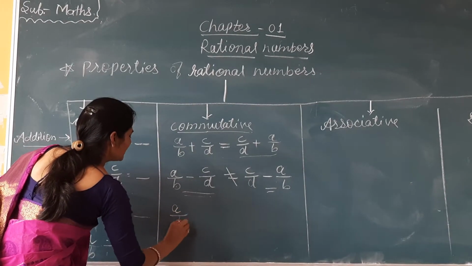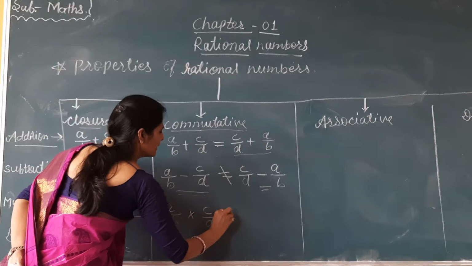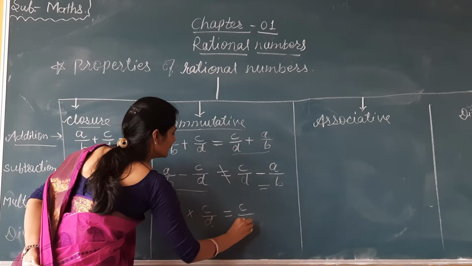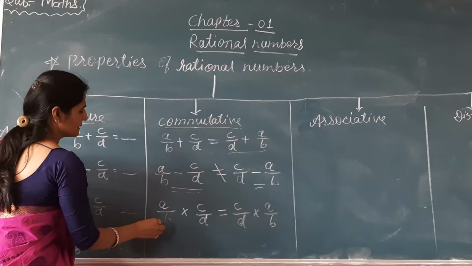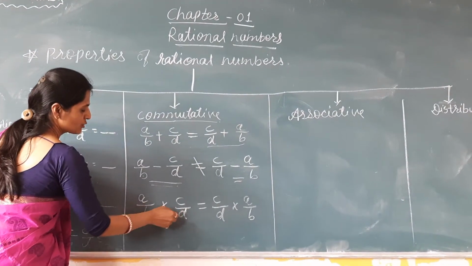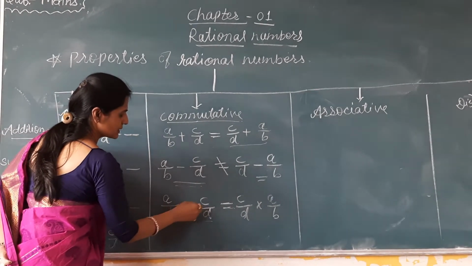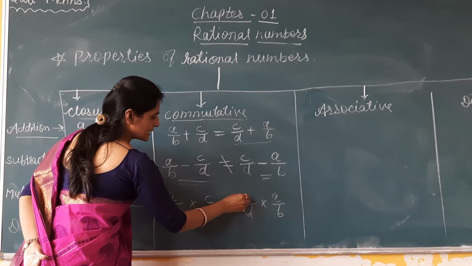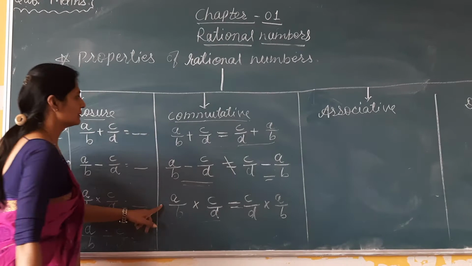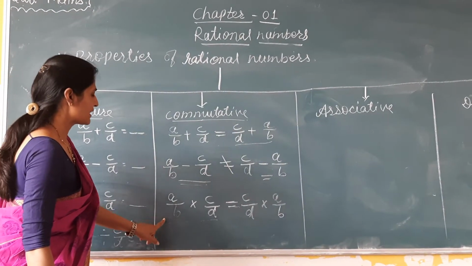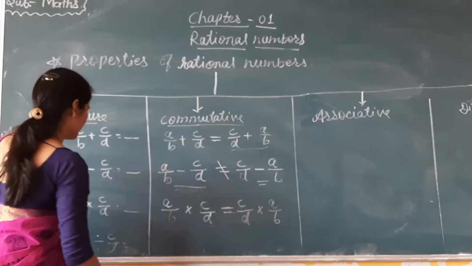If we have A upon B multiplied by C upon D, it is equal to C upon D multiplied by A upon B. इसका मतलब है rational numbers are commutative under multiplication.